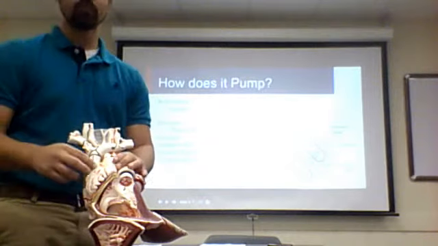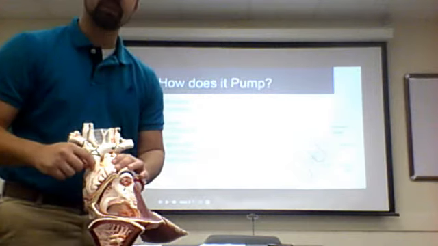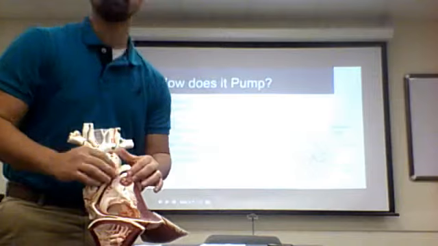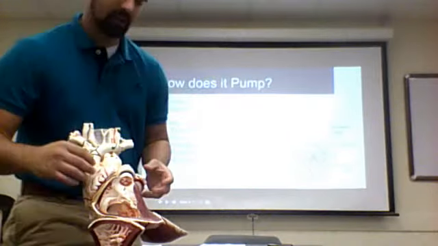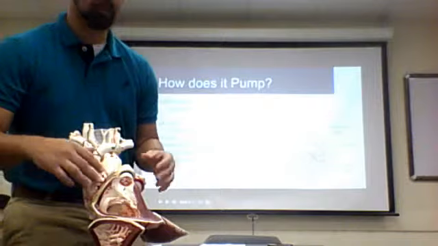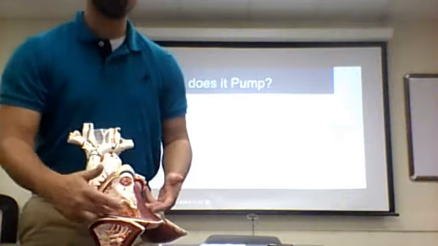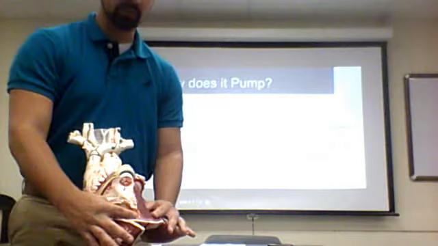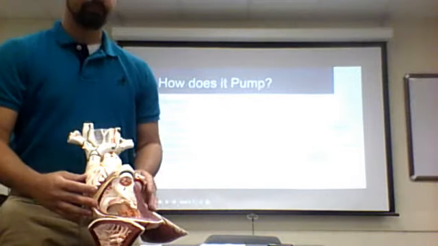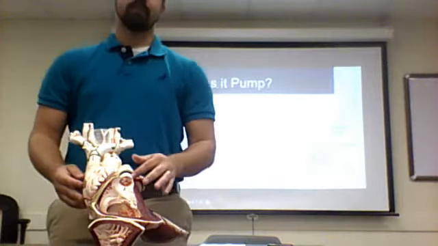The electrical current started up here in the SA node and flows through the atrium and got to the AV node. Well, the atria have contracted a little bit, and the blood has been pumped down through the tricuspid and bicuspid valves and filled the right and left ventricles respectively. So there's a pause in here.